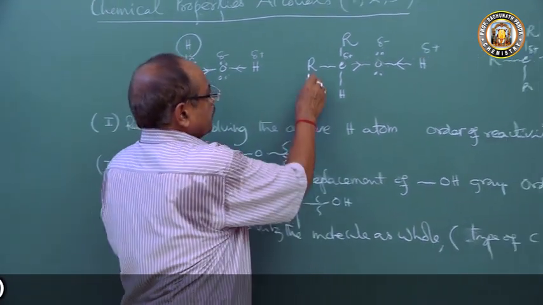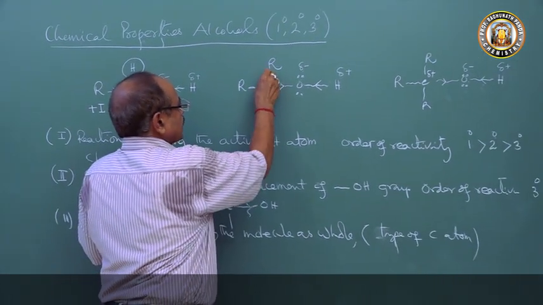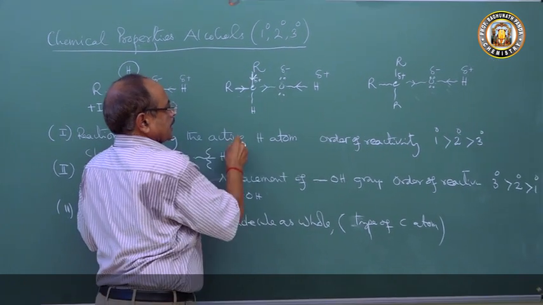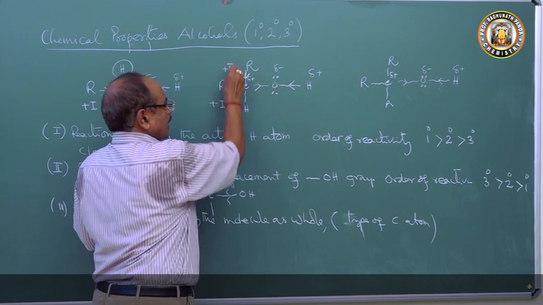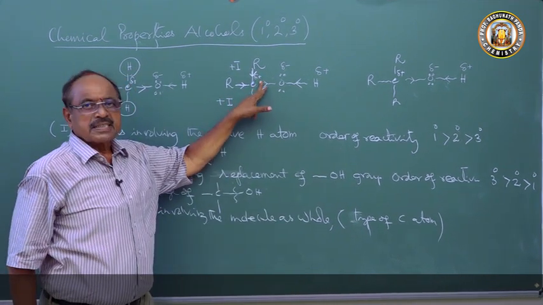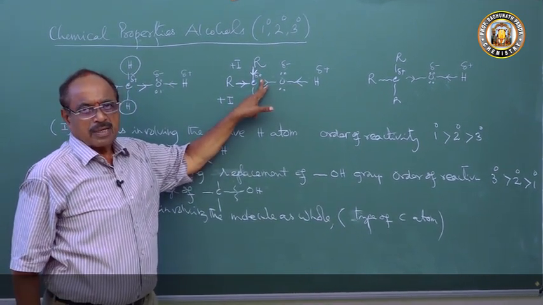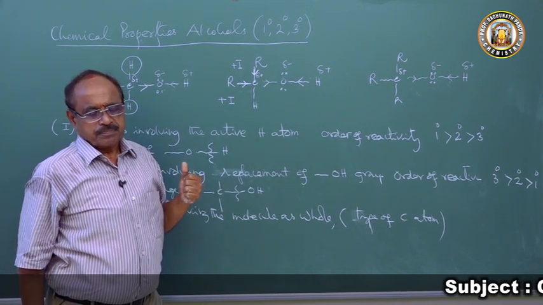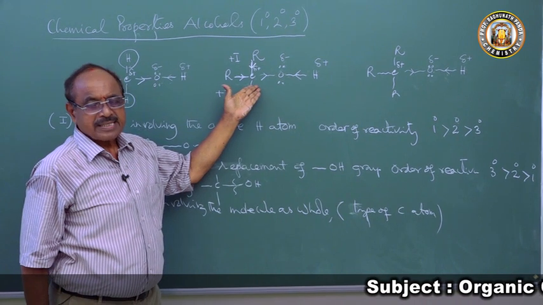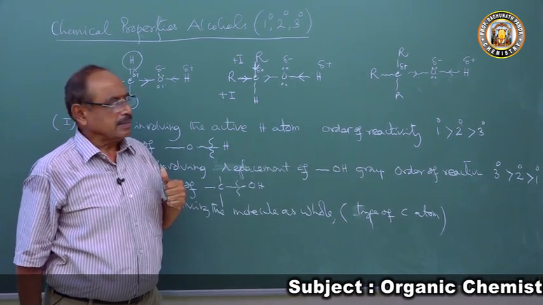Now when you come to the secondary alcohol, these 2 alkyl groups increase the +I effect. Because of this, the positive charge density of the carbonium carbon decreases, hence the reactivity of the carbonium decreases, so the rate of reaction is faster.